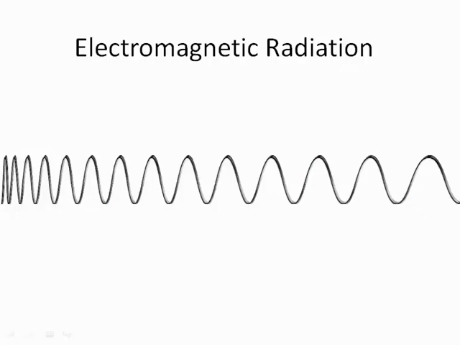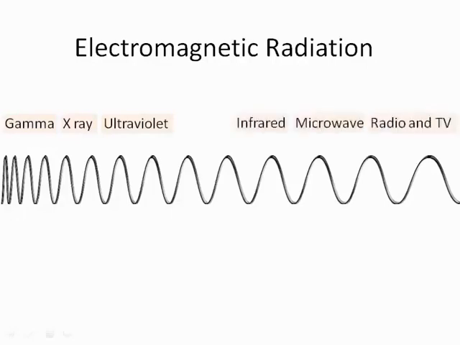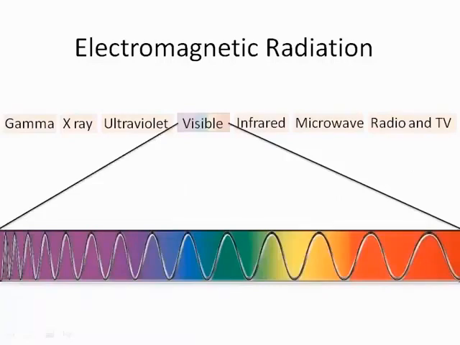Shorter wavelengths are gamma rays, X-rays, and ultraviolet light. Longer wavelengths are radio and TV, microwaves, and infrared. Our eyes respond to electromagnetic waves that we call visible light. We perceive wavelengths as color, from violet, which has a wavelength of about 400 nanometers, to red, which has a wavelength of about 700 nanometers.